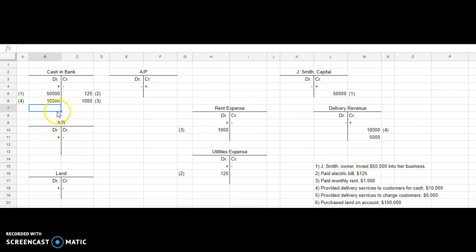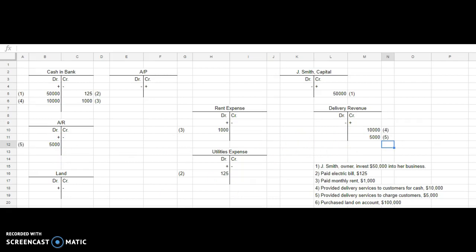But your charge customers, your customers owe you money. So your accounts receivable goes up. So you debit accounts receivable equals your credit delivery revenue. So your debit equals your credit.